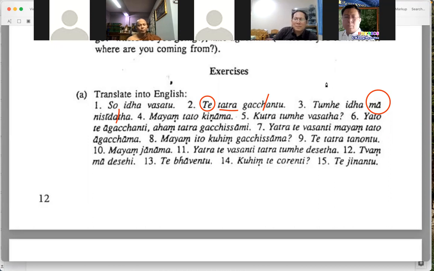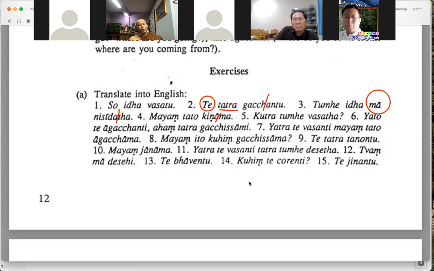Then number 4. Tato kinama. Kina and ma. Ma can be present tense, first person plural, or imperative mood, first person plural. Both are possible, so there are two ways to translate into English.